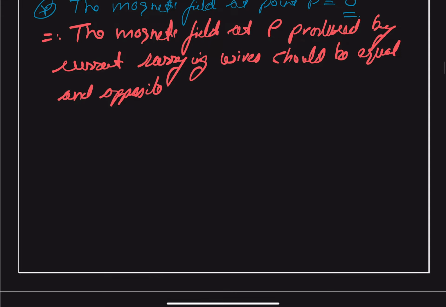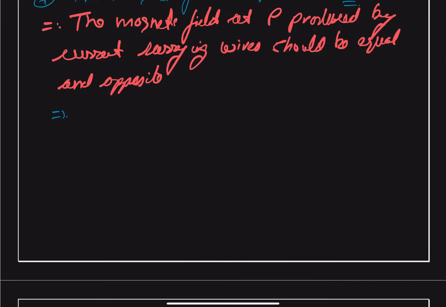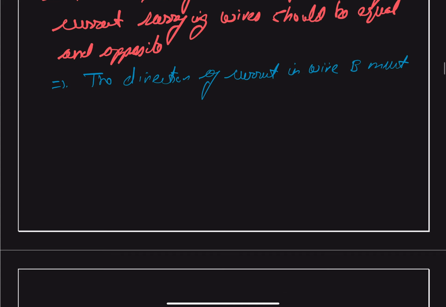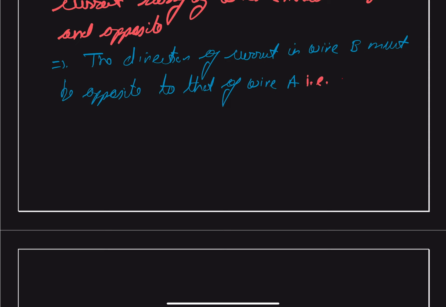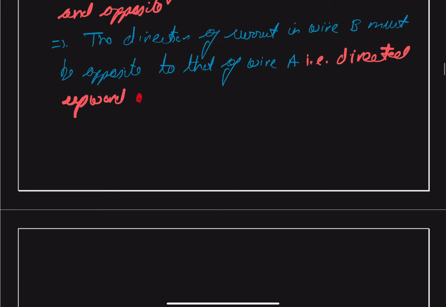So which means that the direction of current in wire B must be opposite to that of wire A. So that is directed upward and perpendicular to the plane of paper.